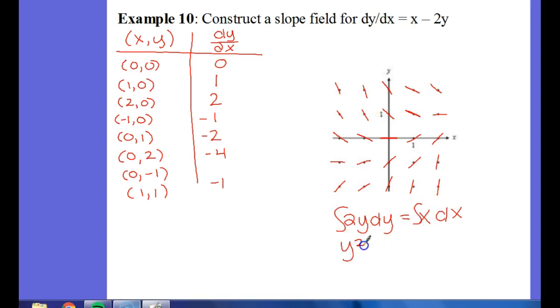This would be y squared equals x squared times a half plus C. This is like saying y equals plus or minus the square root of one half x squared plus C. And if you followed these, you could see along the lines how this would be square roots for x.